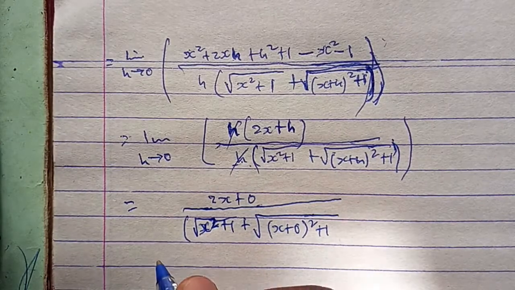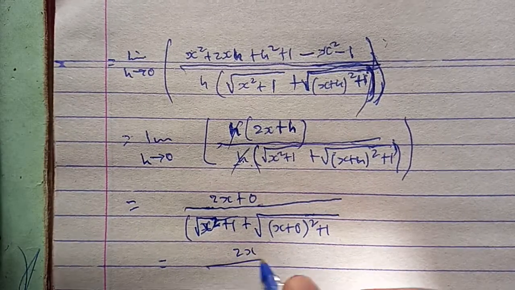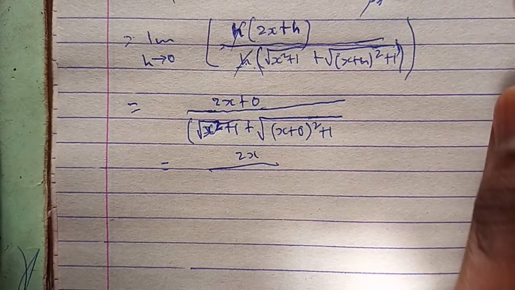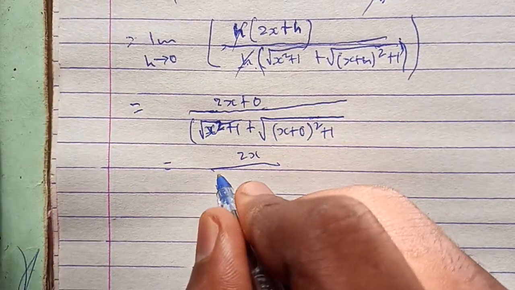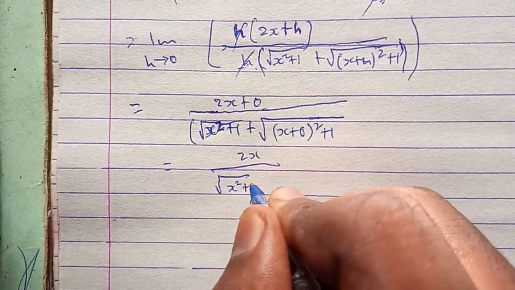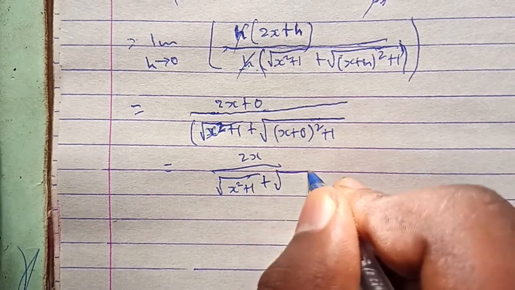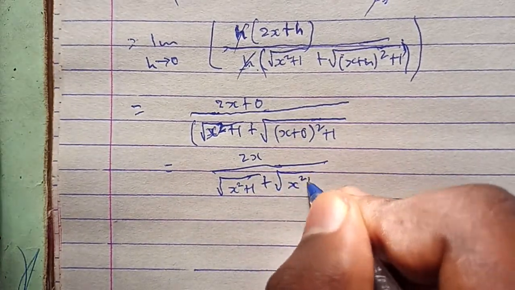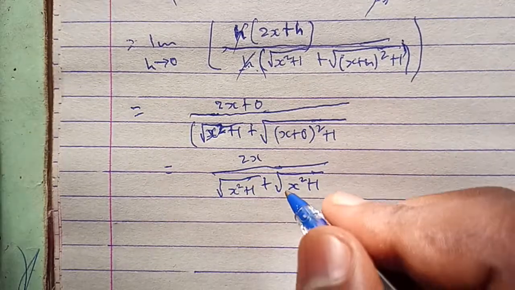So this will further give us 2x all over square root of x squared plus 1 plus square root of x squared plus 1 under the root.